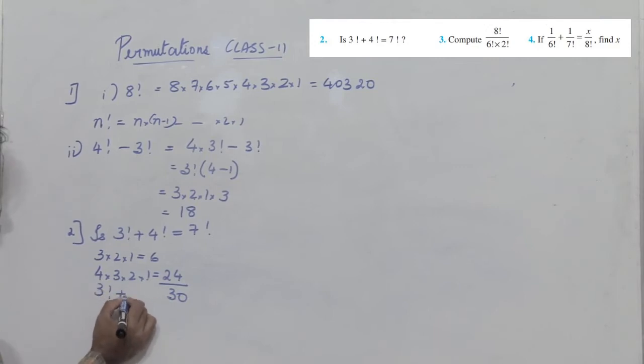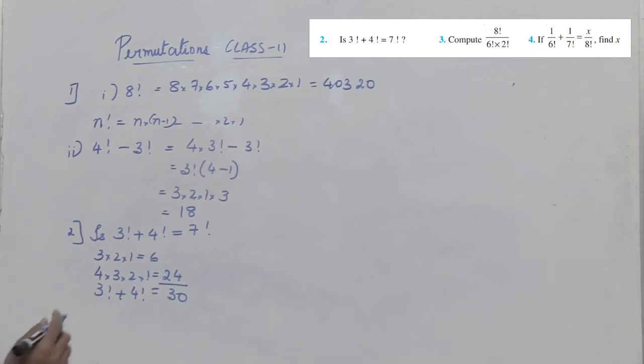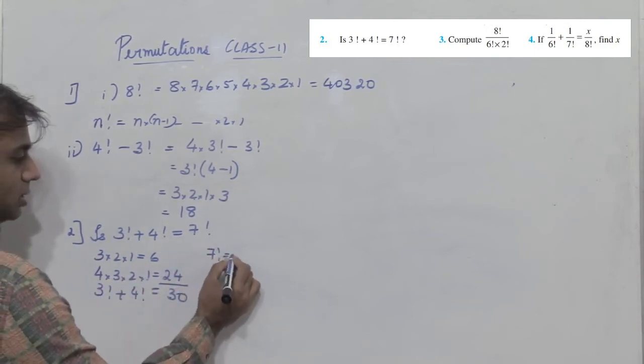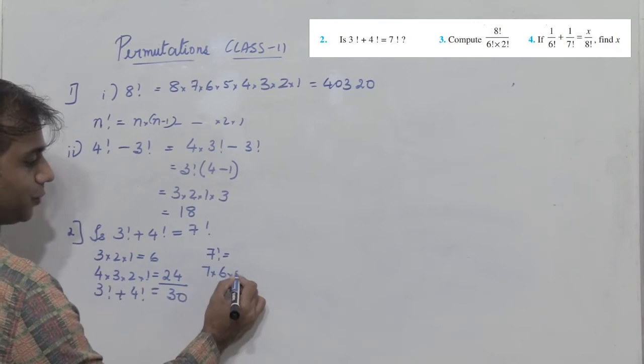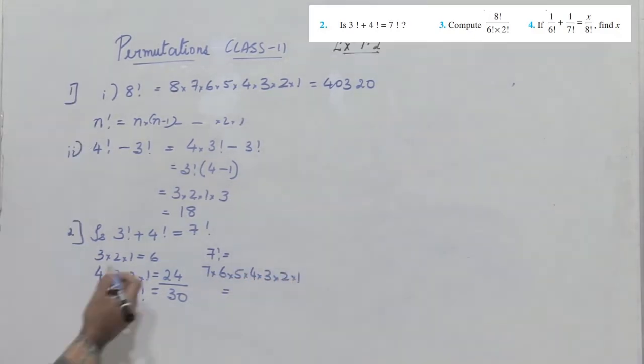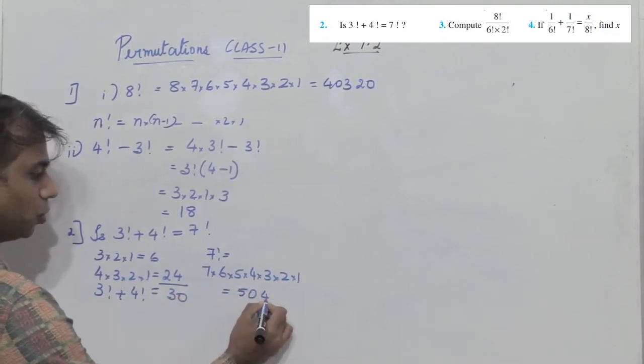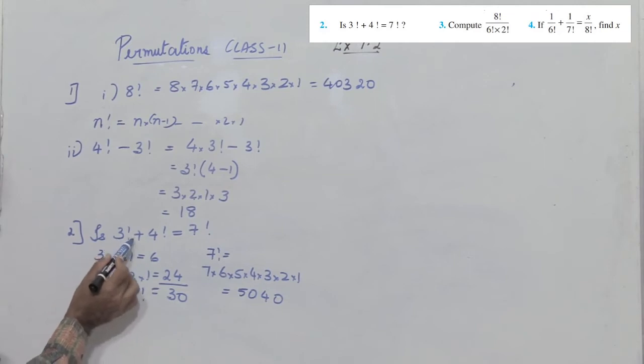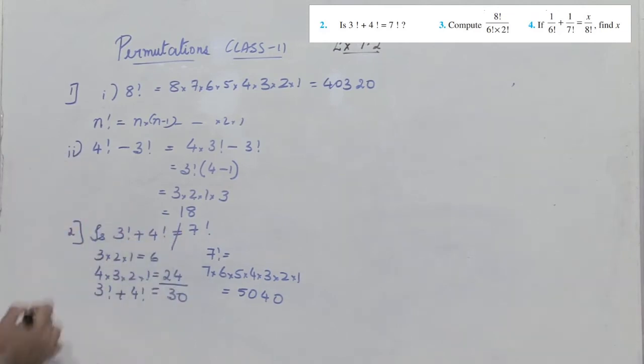So 3 factorial plus 4 factorial gives us 30. But whereas 7 factorial is 7 into 6 into 5 into 4 into 3 into 2 into 1. So when I multiply all the numbers, we get 5040. So definitely 3 factorial plus 4 factorial is not equal to 7 factorial.